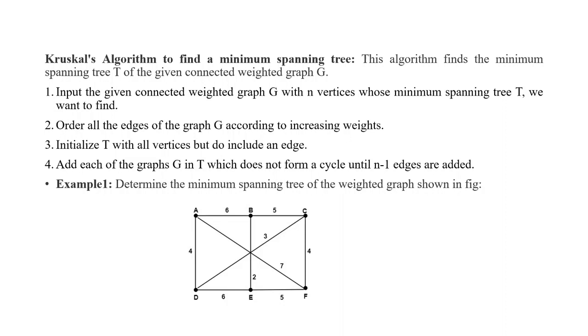Second, order all edges of the graph G according to increasing weights. Third, initialize T with all vertices but no edges. Fourth, add each edge of G in T which does not form a cycle, until n-1 edges are added.